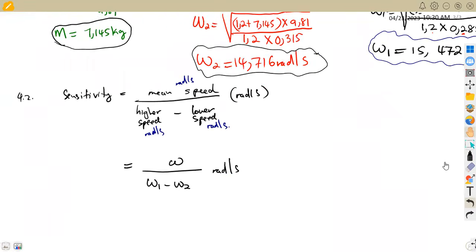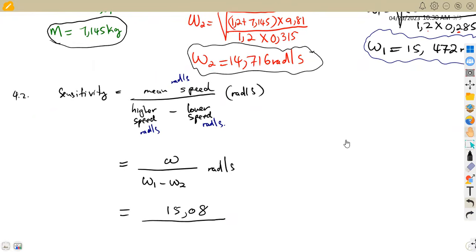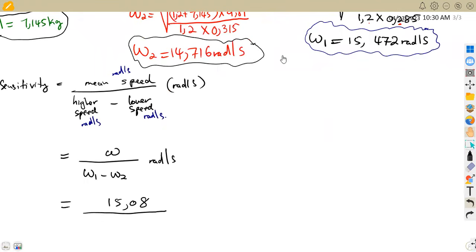So our sensitivity is going to be our mean speed, 15.08 in rad per second, over the higher speed minus the lower speed. Even if you interchange omega 1 and omega 2, you check the one that has got the higher speed and use that. The higher speed is omega 1, which is 15,472, minus omega 2, which is 14,716.